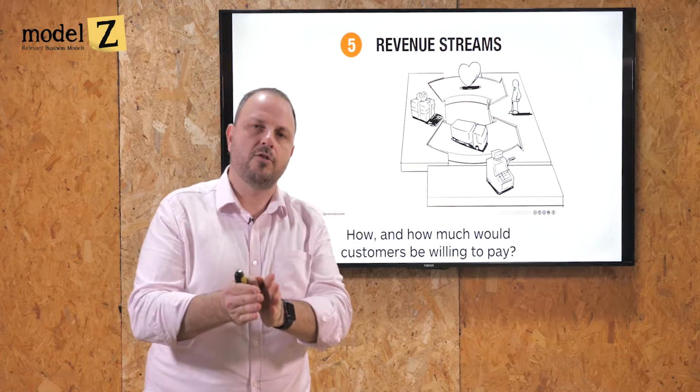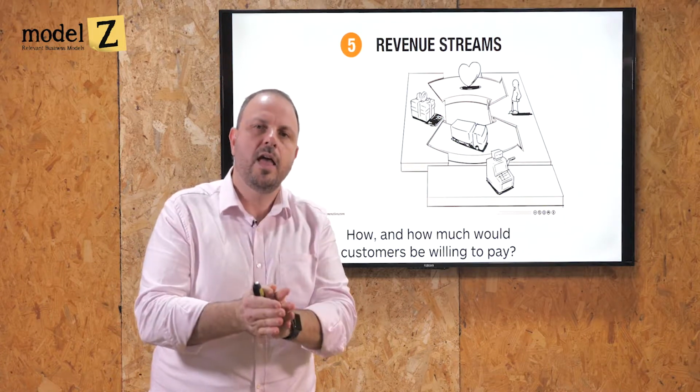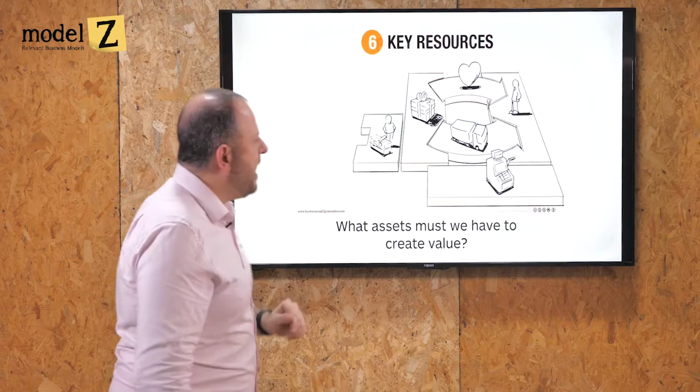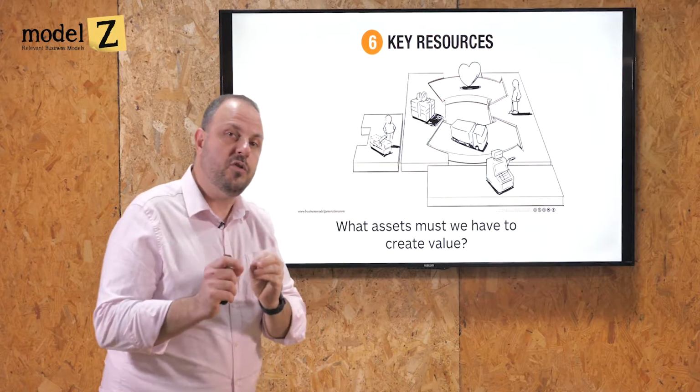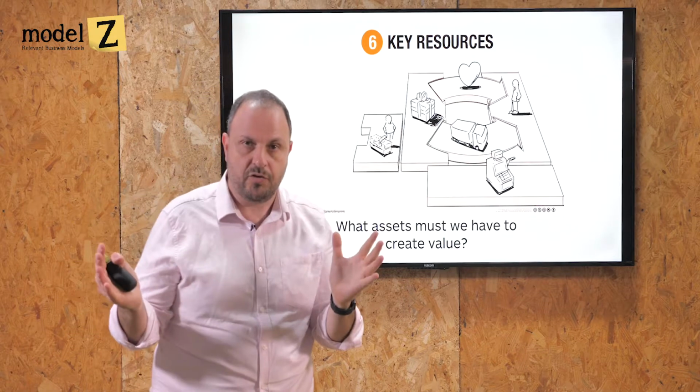So this side of the business model canvas, we call the value side. This is the front stage that customers and channels and the world could see. But then there's the backstage in which we create value. That backstage is based on key resources, and key resources aren't just a list of resources.